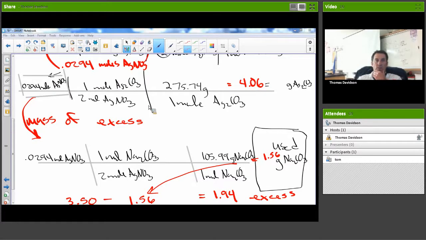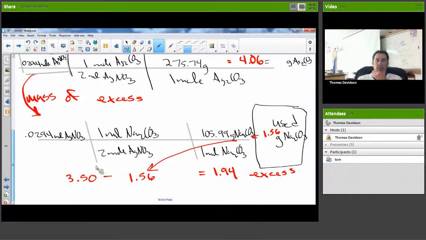Okay, so let's wrap this up. When I did the math, I found that it was 1.56 grams of Na2CO3 used if I have that amount of my limiting reactant.